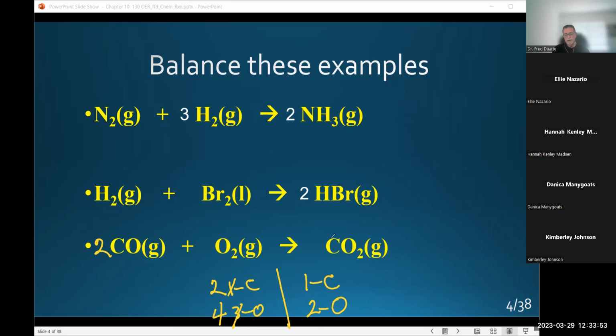If we go to the product side and put a 2 in front of carbon dioxide, that kicks up my carbons to 2, so carbon's okay now, and that also kicks up my oxygens to 4. So everybody's balanced. I've got 2 carbons on the left, 2 on the right, 4 oxygens total on the left, and 4 oxygens on the right. So we're balanced there.